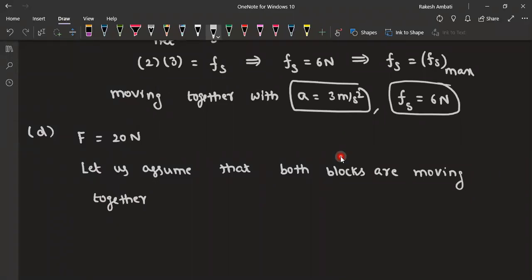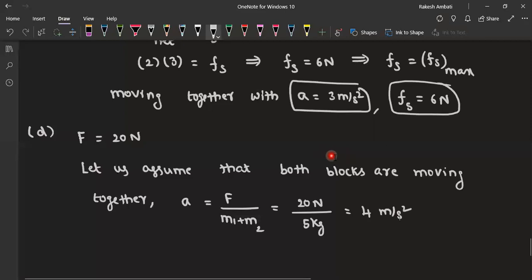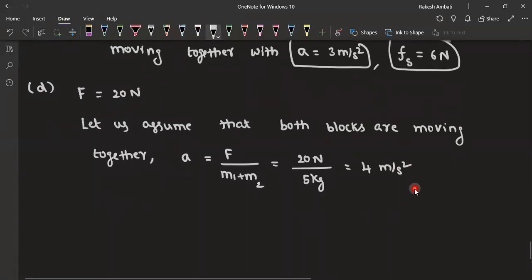Okay. So let us assume that both blocks are moving together with a common acceleration. How to find the common acceleration? F upon m1 plus m2. The F value is 20 newtons and m1 plus m2 is 5 kg. Therefore, we are getting 4 meter per second squared. Then consider the 2 kg block, the top one, and write down the dynamic equation. The assumption is both are moving together, so what type of frictional force is it?